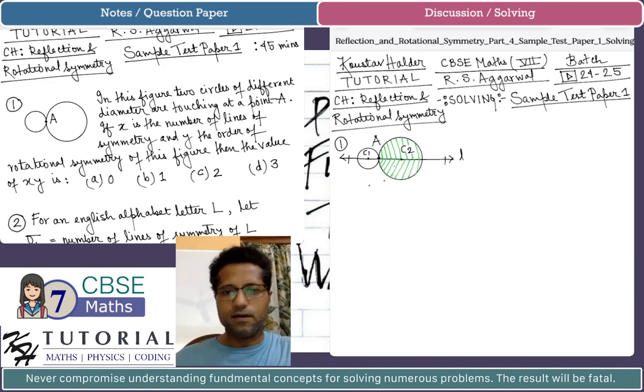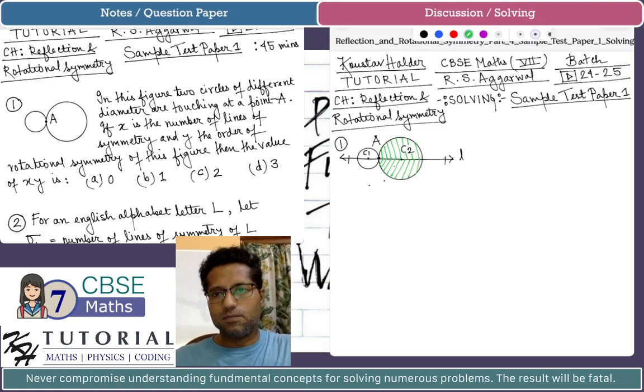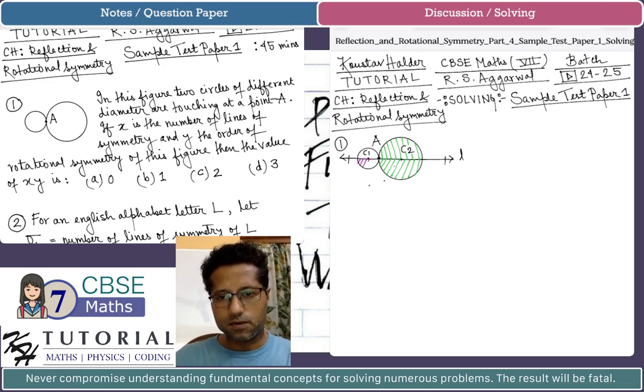These two are identical. Similarly, for the smaller figure, the semicircle below the line is identical with the semicircle above the line.